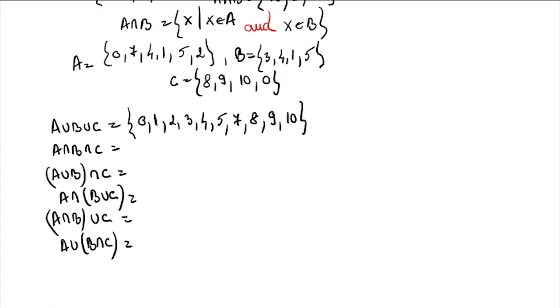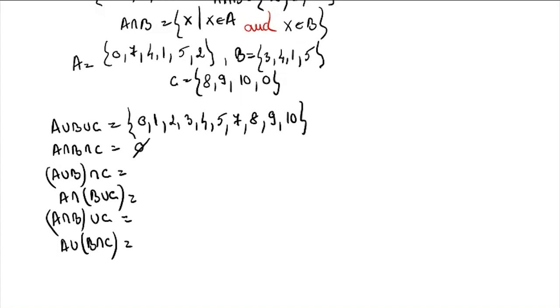Intersection, in this case, I have the common elements of those three sets of numbers. And in this case, the intersection of those three sets is the empty set.